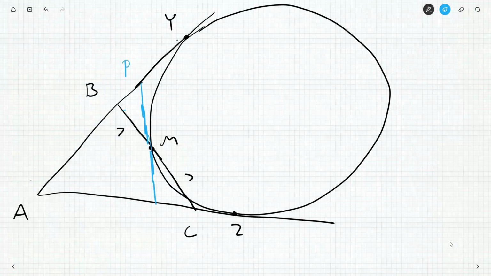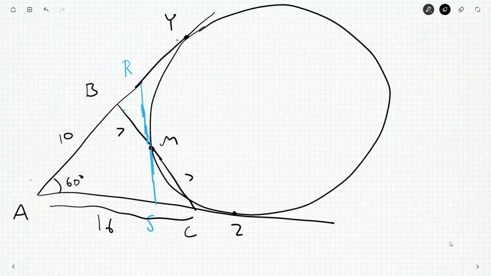Now we already know that we've got 60 degrees. Got 10 here, and we've got 16 overall here. And I want to figure out AY. So let's figure out, we get point O here. And now, what are we to do?